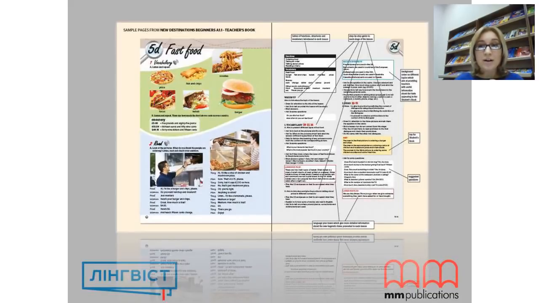And here I'd like to show you a sample of one of our books. That's the New Destination course, and you see how the teacher's book looks for the teacher. On the one hand, we have the sample, the page, the full copy of what the student sees in the student book, and on the other hand, we see the keys and the recommendations.